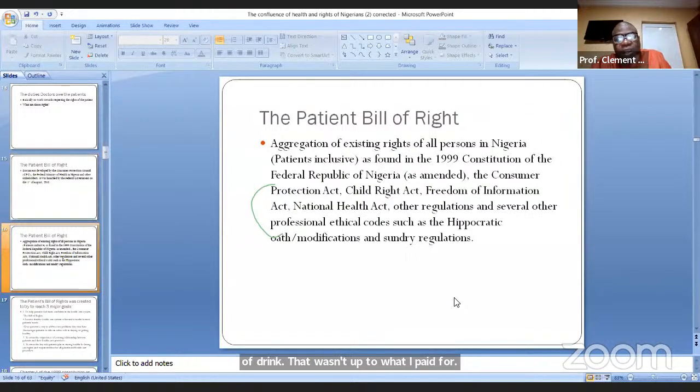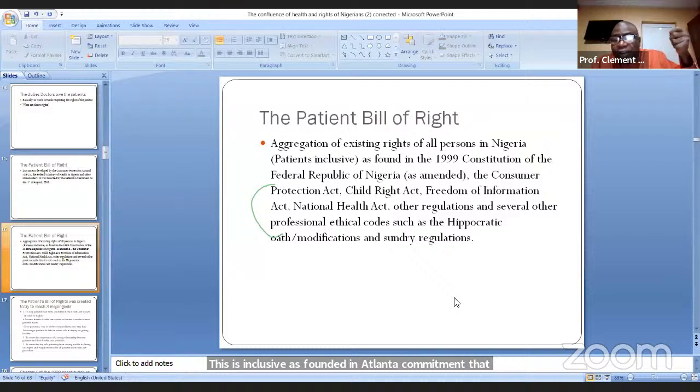All right. The Bill of Rights is an aggregation of existing rights of all persons in Nigeria, patients inclusive, as founded in the 1999 Constitution of the Federal Republic of Nigeria as amended.